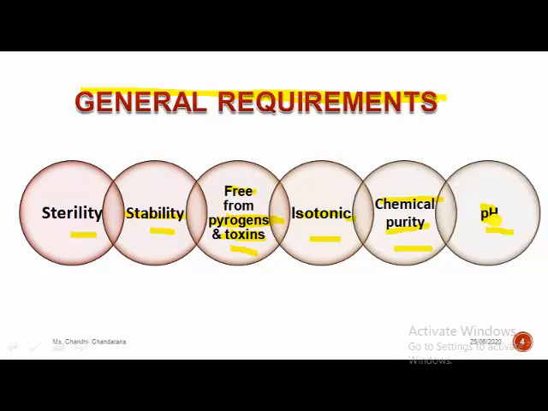It should maintain this because we are directly injecting our sample. If it does not maintain the pH, then it will increase the acidity or basicity in the body. So these are the general requirements. Whatever parenteral preparation is there, it should maintain these requirements.